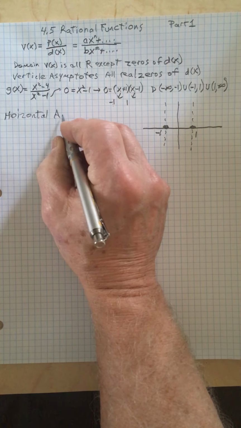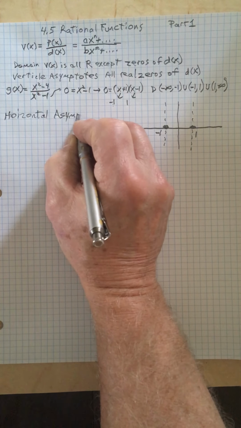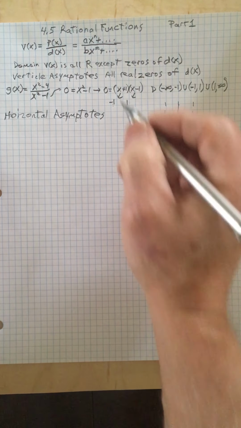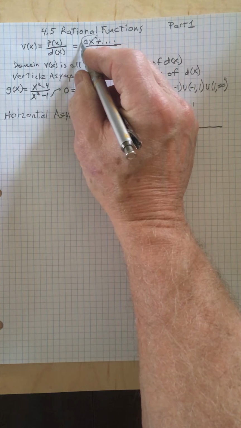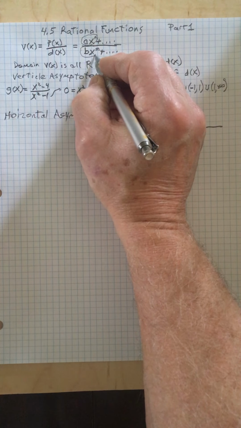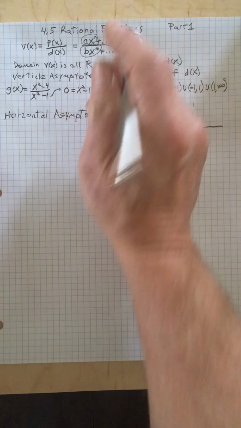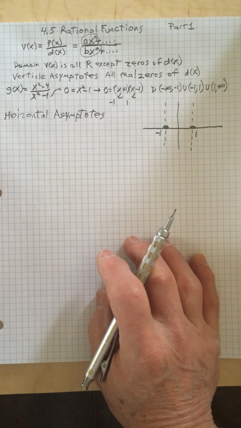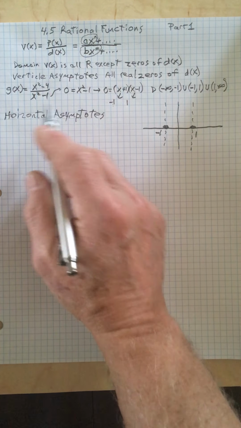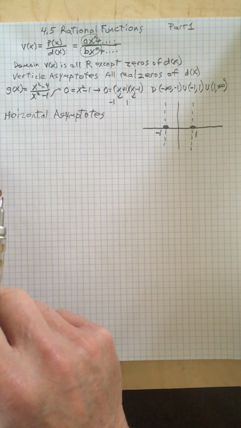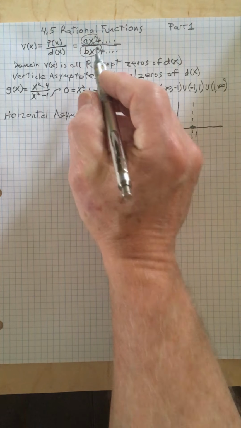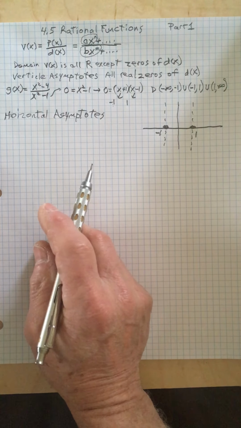For horizontal asymptotes, all we're looking at are the leading terms of the numerator and the denominator. And here for the numerator, we're using a times x to the nth degree, and for the bottom, just to keep things straight, we're using b times x to the m. So the degree for the denominator is m in this case.